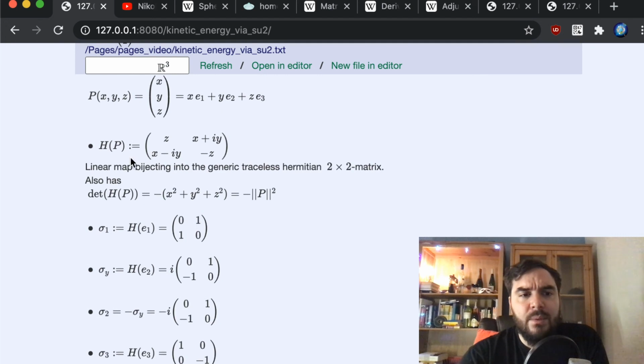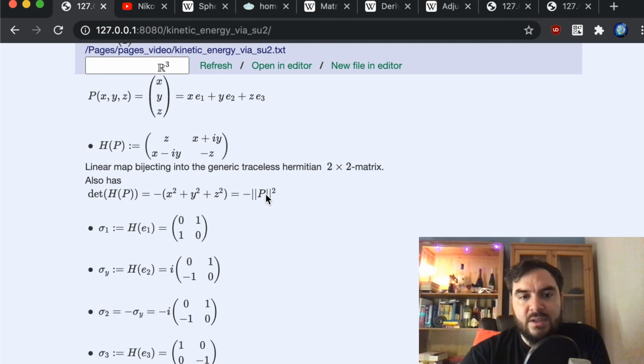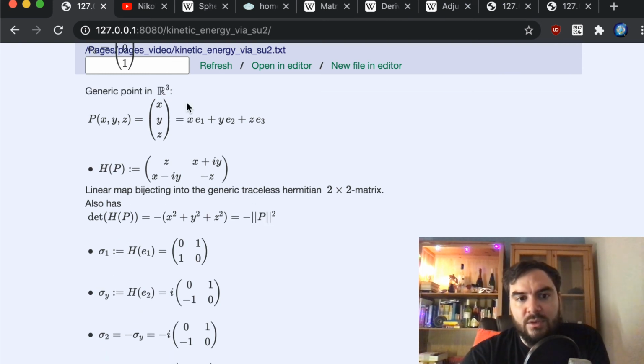We define this map P, we define this map H of P, which maps this point into a general traceless Hermitian, i.e. self-adjoint 2x2 matrix. And then this has a lot of nice properties. For example, if you compute the determinant of such a general matrix, then you get minus exactly the sum of the squares, and it's minus the norm of this point, right?